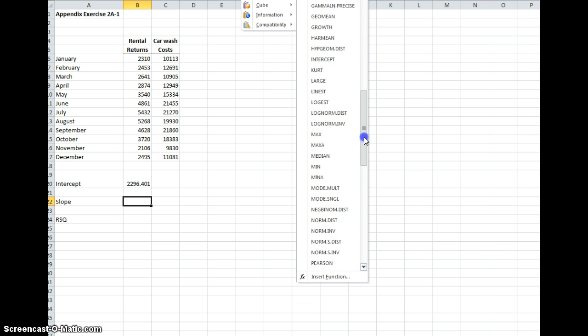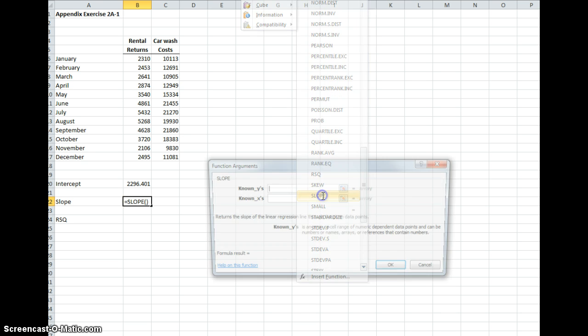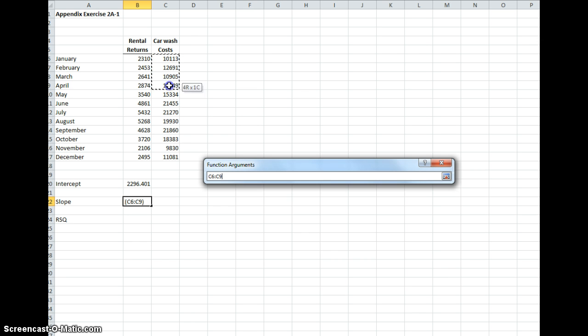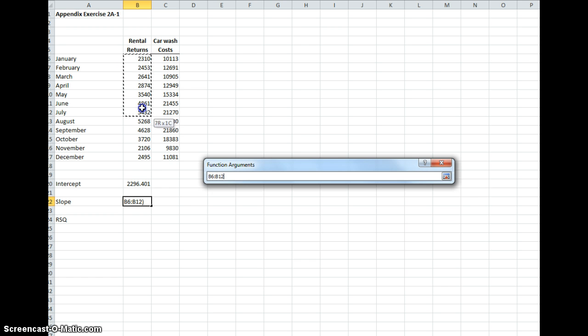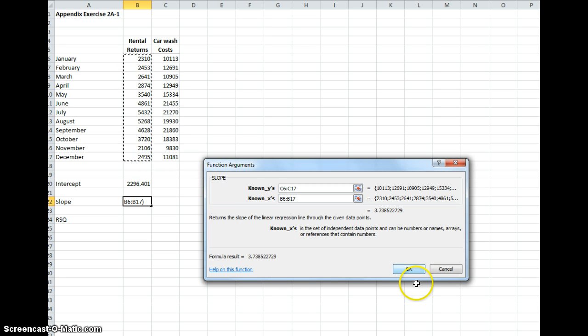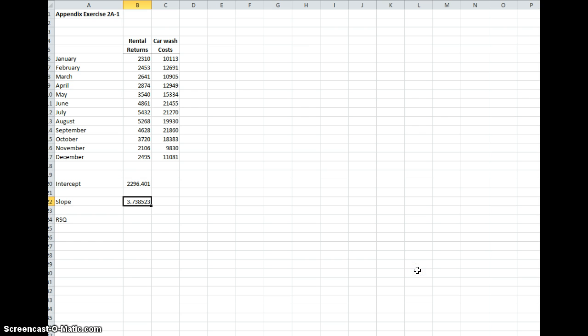Now we do the same for slope. Put the cursor in the box, scroll down to slope. Once again, the known y's is the same thing, total car wash costs. Known x's, rental car returns. Click OK, and we have our variable cost per unit, or B, of $3.74 per car wash. Alright, so for each rental return, it costs $3.74 of car wash materials.